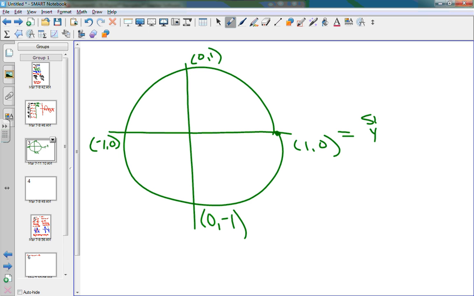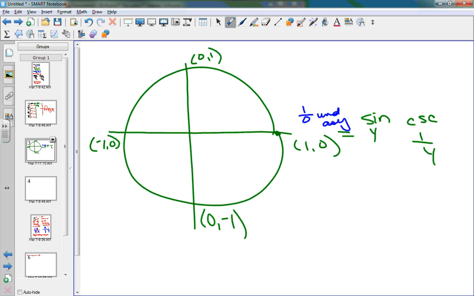That's your sine. So the cosecant is going to be 1 over y. Do we all understand that? So what's going to be my cosecant here? Undefined. So here I'm going to have 1 over 0.